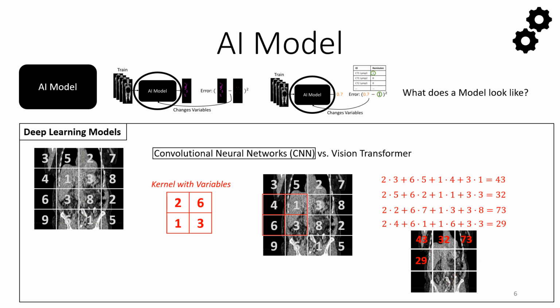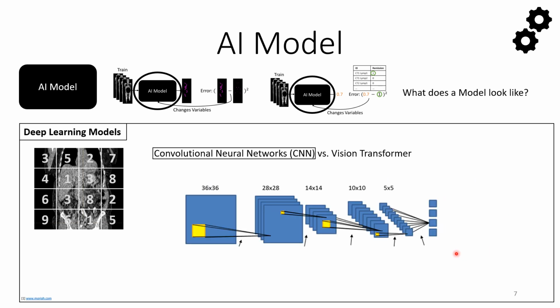This is basically all you need to understand for convolutional neural networks, because what I just told you is just repeated a lot of times. Let's say we start with an image of 36 times 36 pixels. Then we have this kernel, for example a 4 times 4 kernel. Now we start in the upper left corner and go one step after another, doing this multiplication.